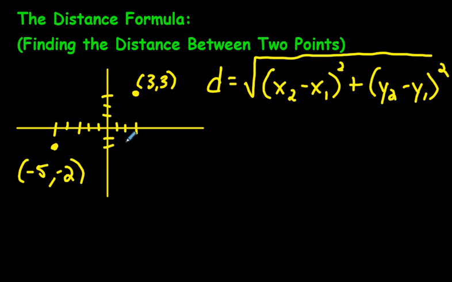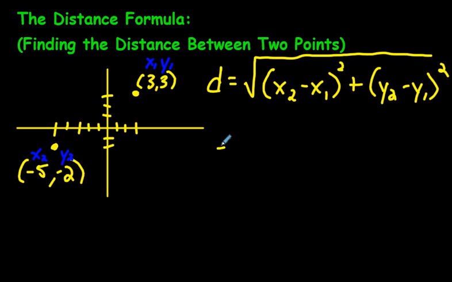Okay. So how you would enter this in the formula, I would just start labeling these points x1 and y1. It doesn't really matter. I'll call this one x1 and y1. And over here I'll call this x2 and y2. And because I've labeled them like this, now I can just enter these points into this formula that we have for the distance.